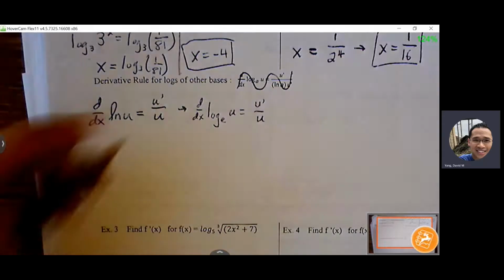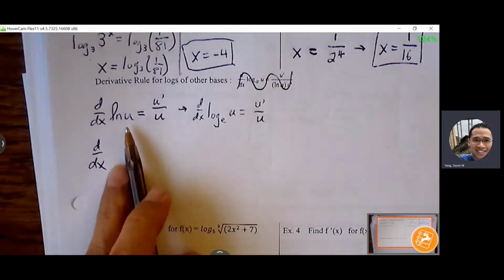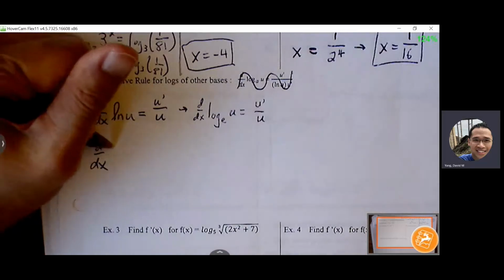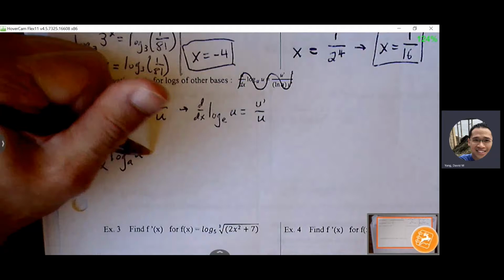This is base e. Now, if I have a log that is not base e, right? Base 2, base 3, base 5, base 10. We have a generic rule for that. We call it log base a of u.